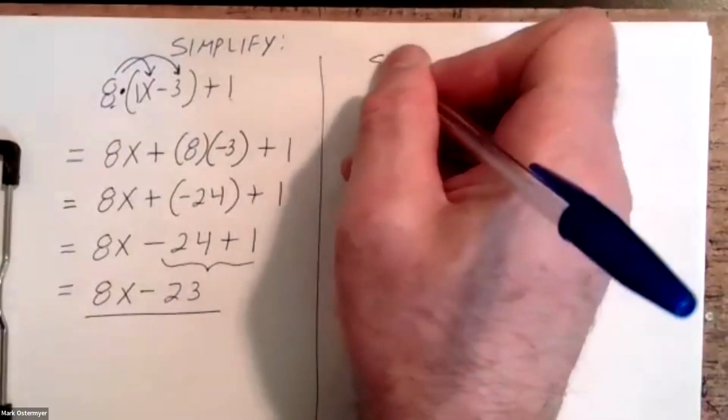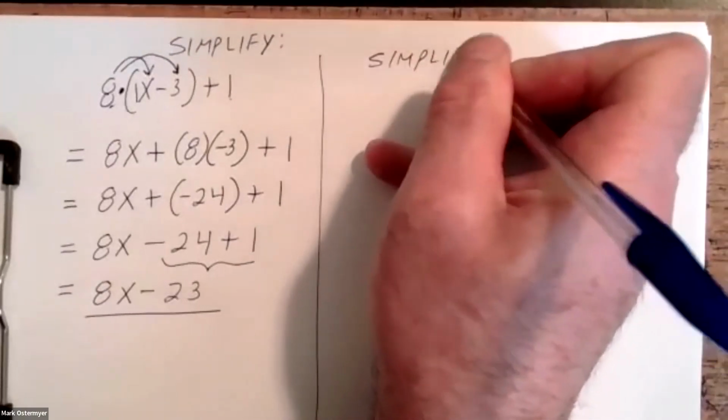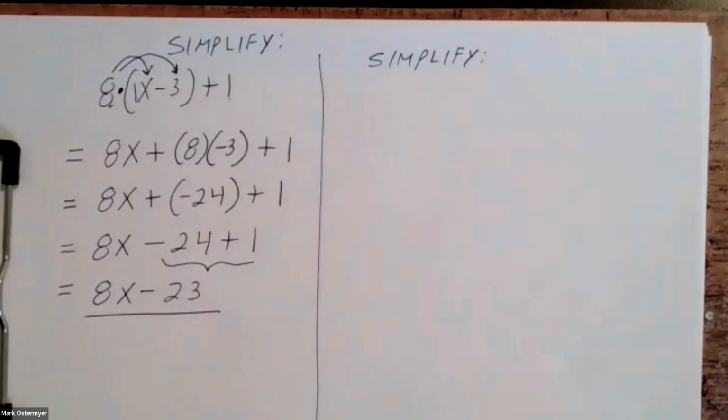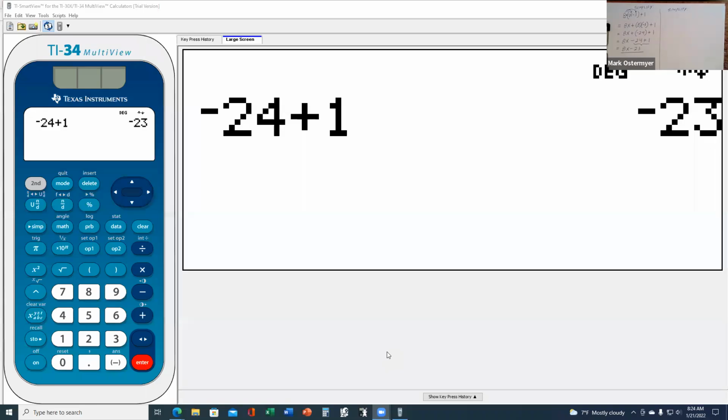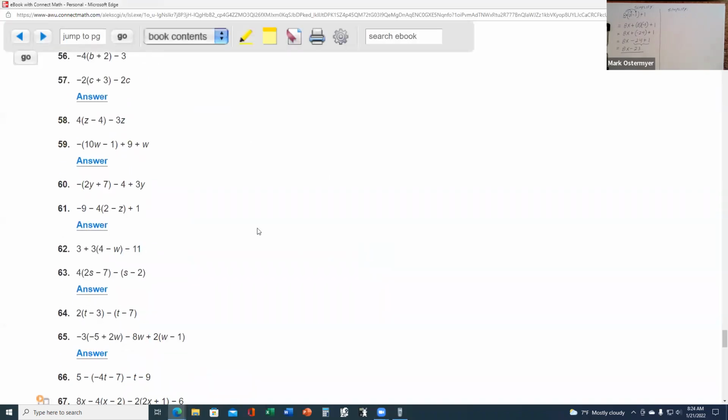Let's try another one that has parentheses. Let's go back to our textbook. All right, let's look at one like number 59 here. We have a negative sign in front of the parentheses containing 10w minus 1, plus 9 plus w.